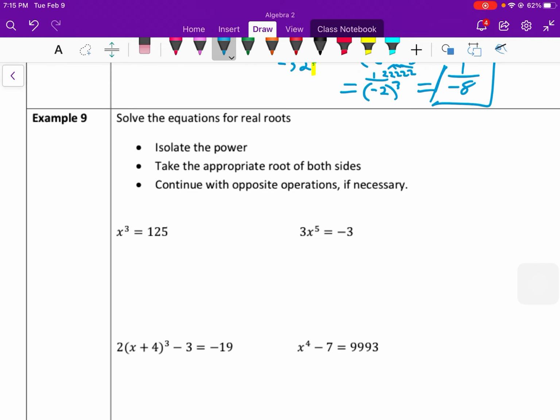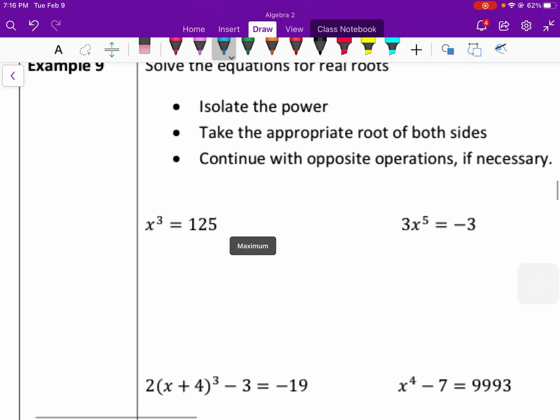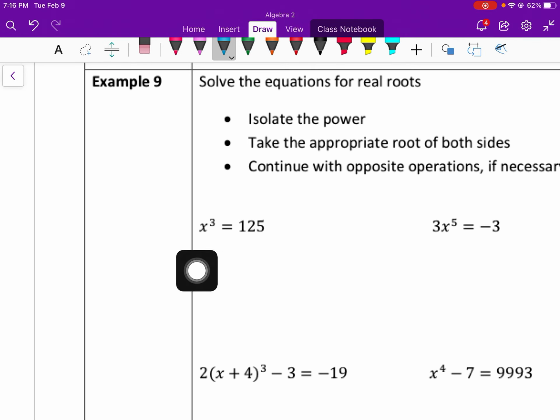All right, so now we have solving. I lost what page I'm on. Let me see. Example 9. We have solving the equations for real roots. And we want to isolate the power and take the appropriate root of both sides. Continue it with opposite operations if necessary. So we want to isolate the power.